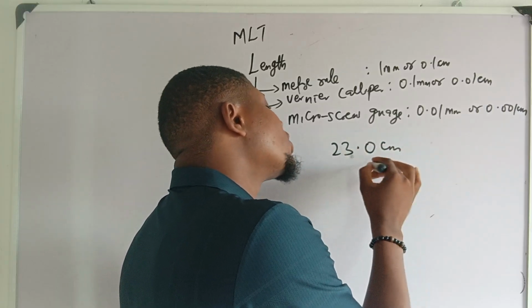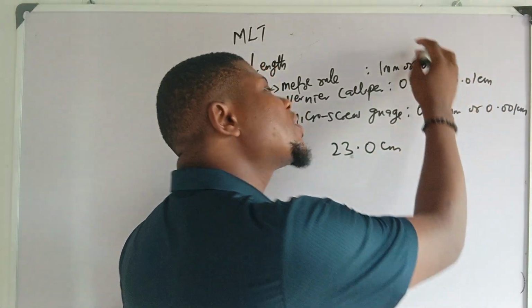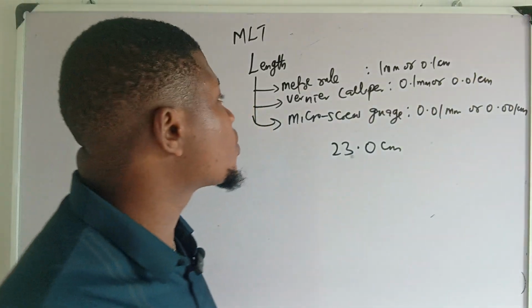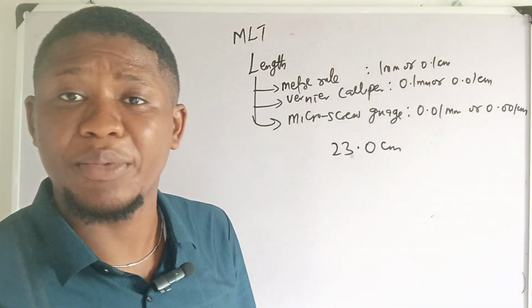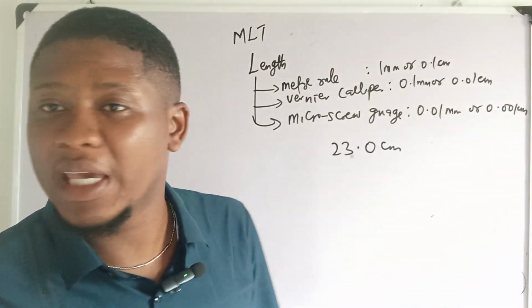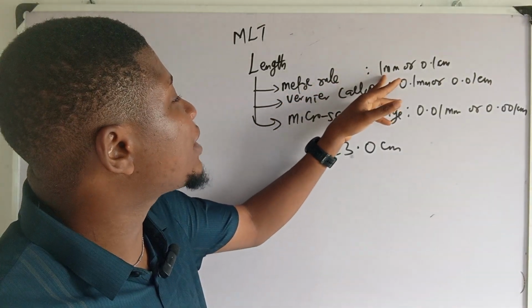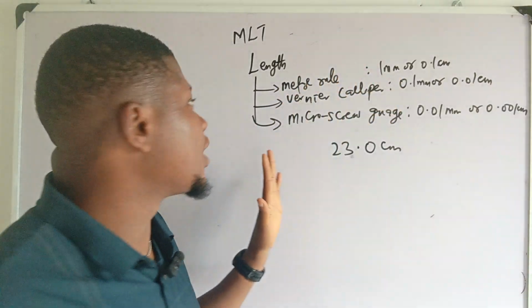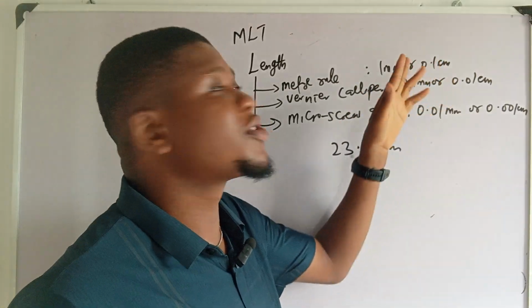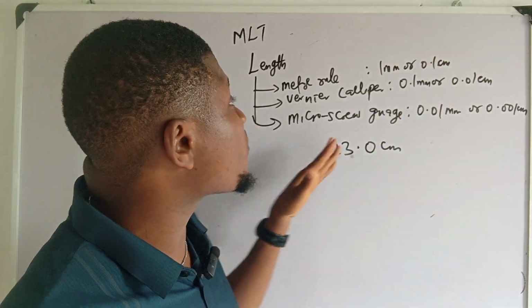Whether it is 23.00 depends on whether it's vernier caliper or micrometer. The point is, for the meter rule, the millimeter side is to the nearest whole number, and the cm side is one decimal place. Just look for the option that has one decimal place. That is the answer.